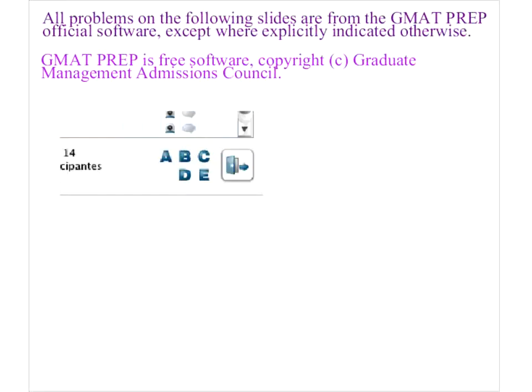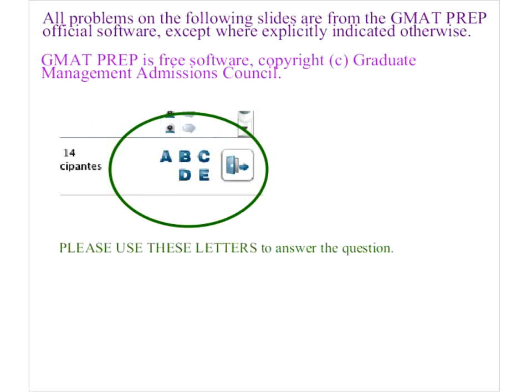These are your multiple choice answers. These are the buttons that you should use to answer the question. It's important that you click only once on your choice. If you click a second time, you'll erase your answer.